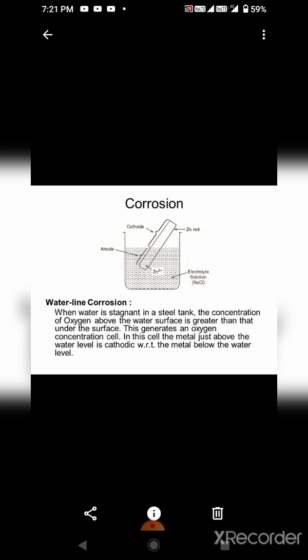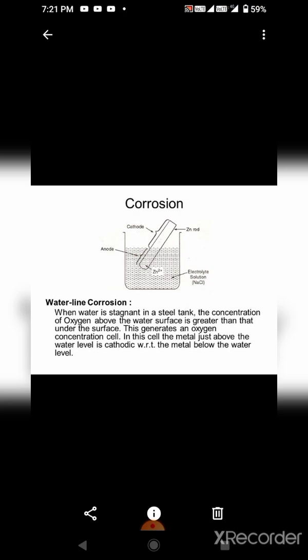But we may have a doubt: what is the difference between differential aeration corrosion and waterline corrosion? In differential aeration corrosion, the metal rod which is placed in the solution will get corroded, but in waterline corrosion the corrosion will take place only just below the water level.